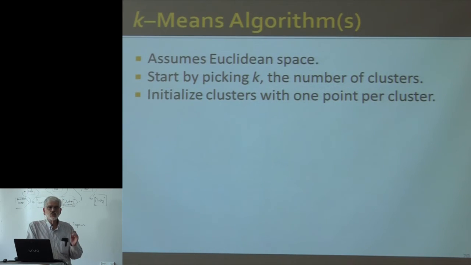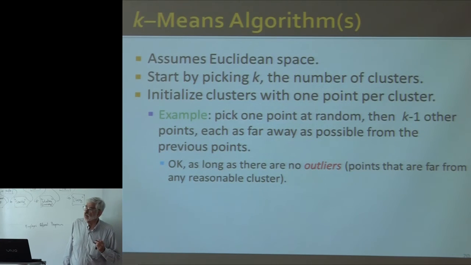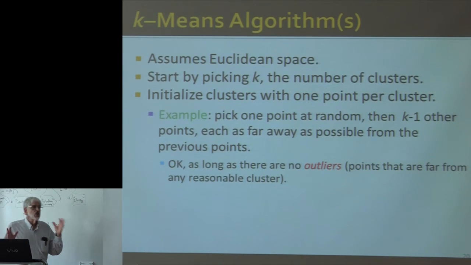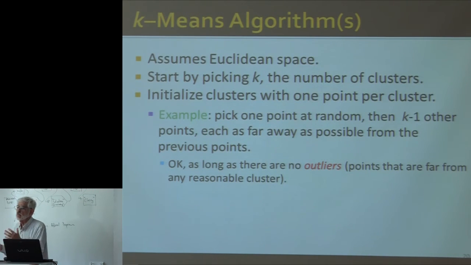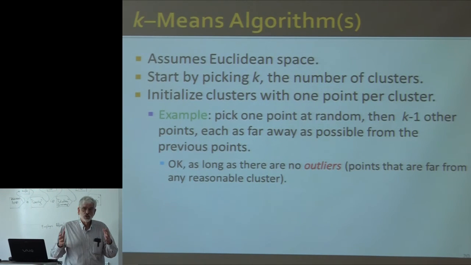We're going to initialize the clusters to have 1 point per cluster, and one approach is, well, if you don't have too many points, you could just pick a point at random, then pick the point that's furthest away from that, and then pick a third point whose minimum distance to the other 2 points is as large as possible.